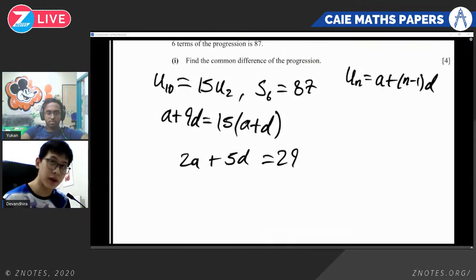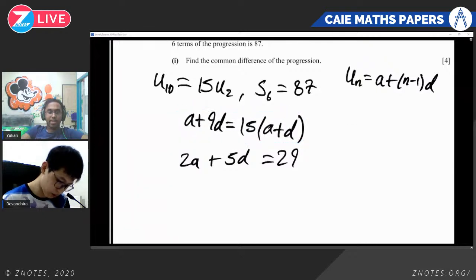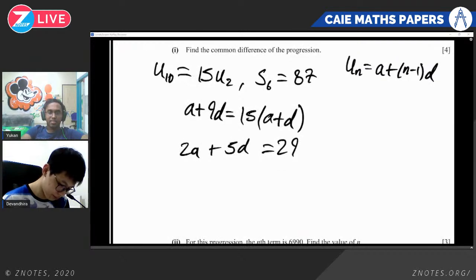So we're asked to find the common difference, which is d. How can we find it? So you can substitute a. Looking at the first equation, that's easier. Either one is fine. I think we can simplify the first equation first, right?